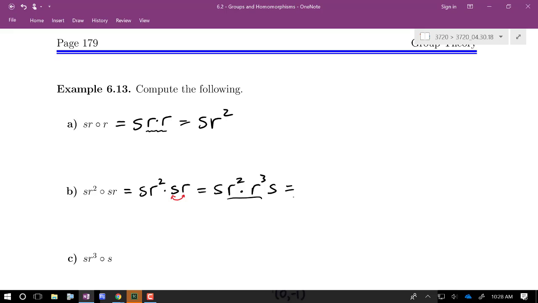Yeah, because I rotate twice and then I rotate 3 more times. So in one sense we could say this is R to the 5th, rotating 5 times. But of course, there's only 4 rotations. As soon as I get to R to the 4th, that's the identity, and I rotate once more, and so this is SR times S.